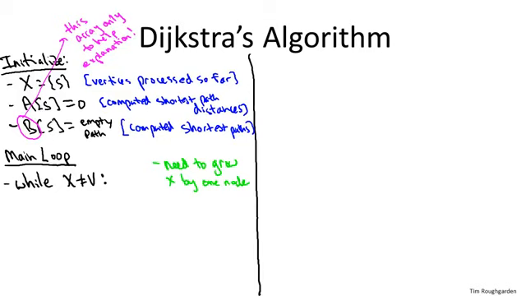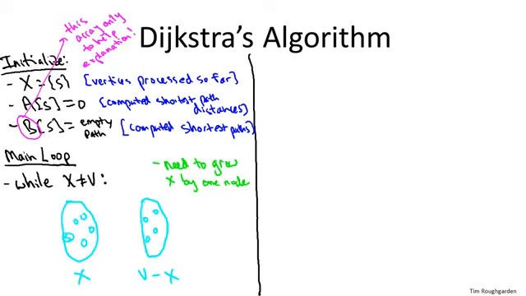And now, as we've seen in our graph search procedures, there are edges crossing this cut. There are edges which have one endpoint on each side, one endpoint in X and one endpoint outside of X. This is a directed graph, so they can cross in two directions. They can cross from left to right, or they can cross from right to left. So you might have some edges internal to X. Those are things we don't care about at this point. You might have edges which are internal to V minus X. We also don't care about those, at least not quite yet.